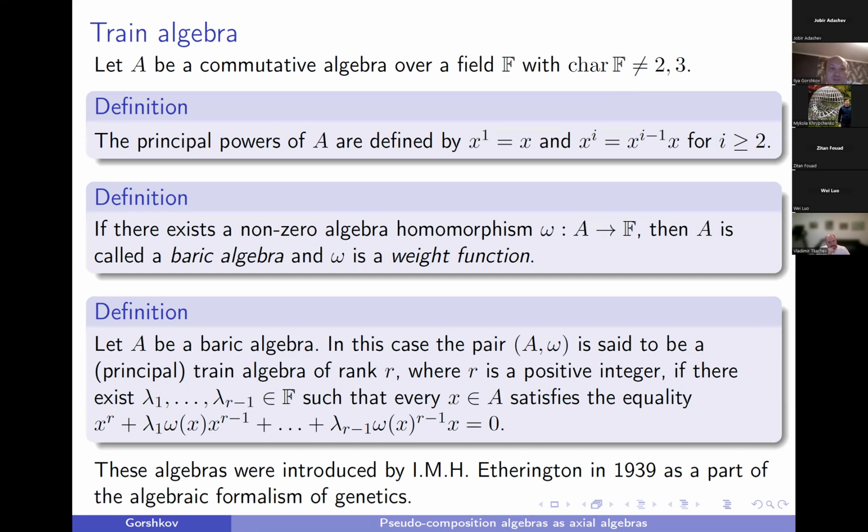But we say that there is a principal power in algebra A. It is defined in the following way: x power 1 is equal to x, and x power n is equal to x power n minus 1 multiplied by x.